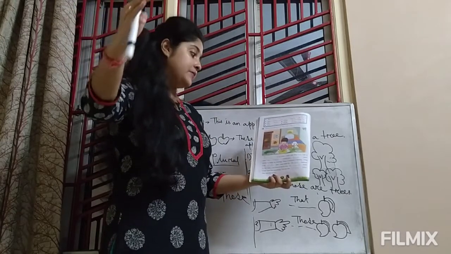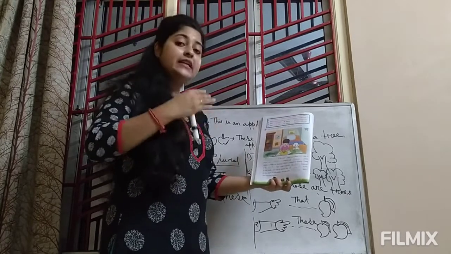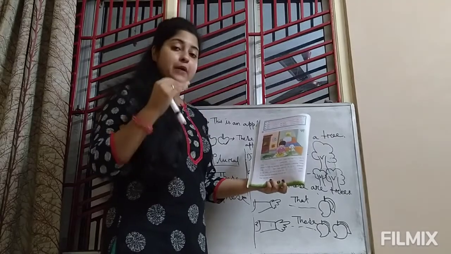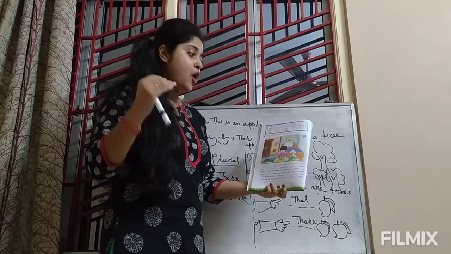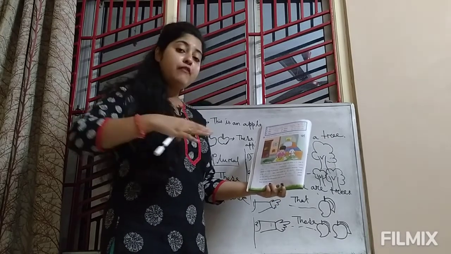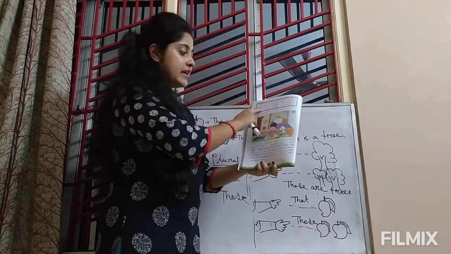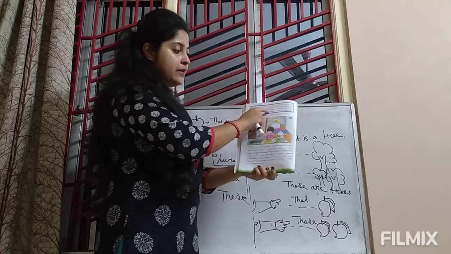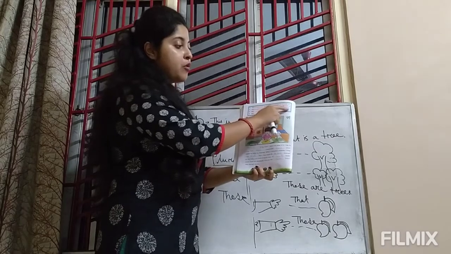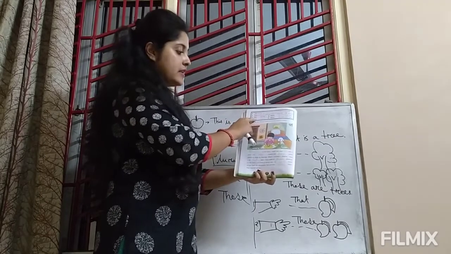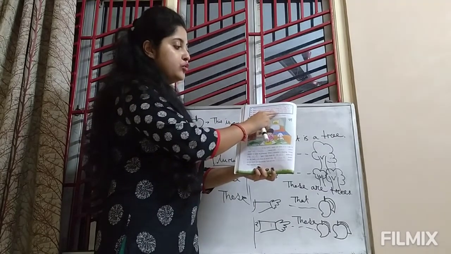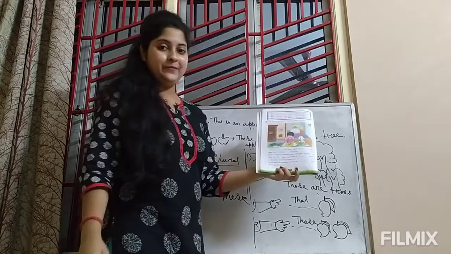Okay? I'm saying it again. That is used for a person, place or thing that is far from us. Now look at this. This for one, these for more than one. That for one, those for more than one.